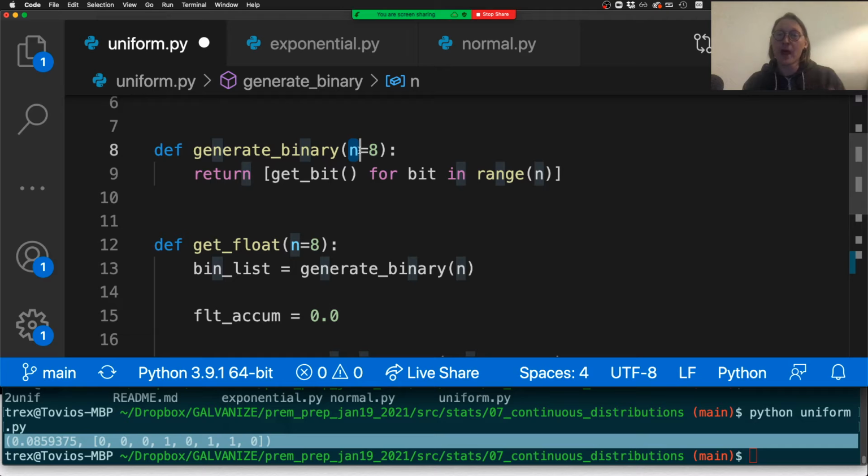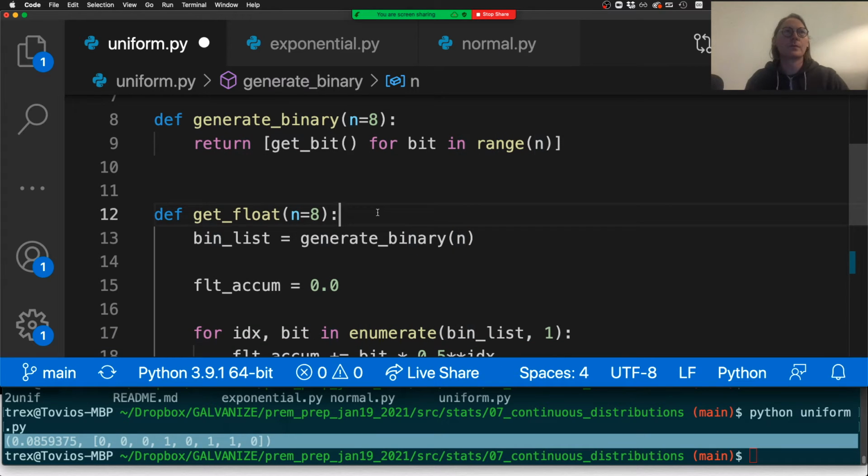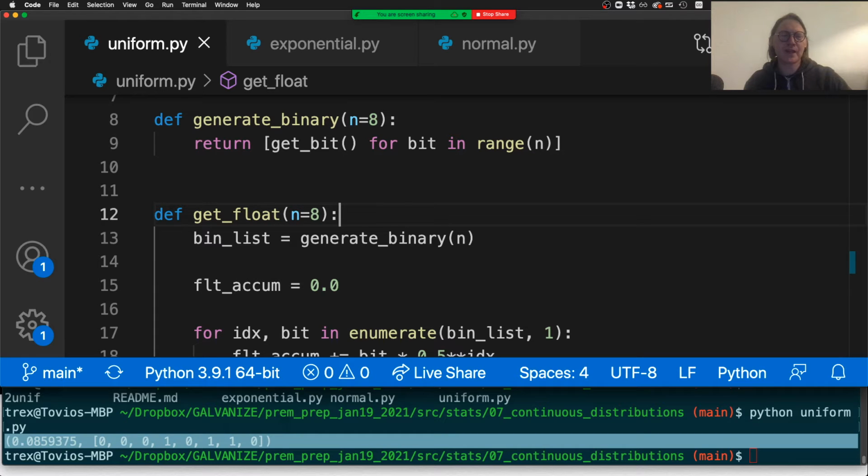This float will become higher and higher precision as we increase the value of n. As n tends toward infinity, which we can't really do on a computer, but if we could, then we are approaching a true continuous distribution. Okay. I think that's all I want to say about that.